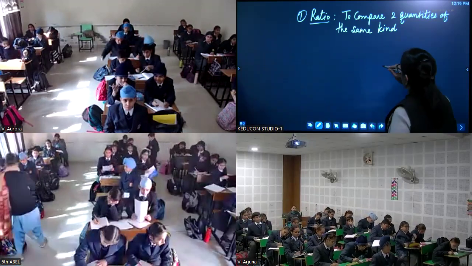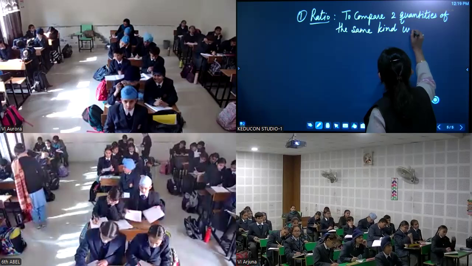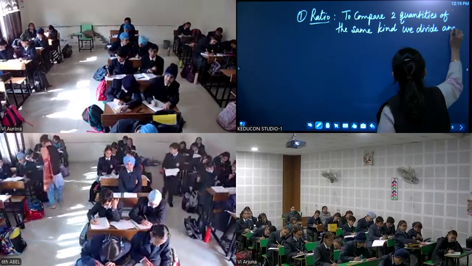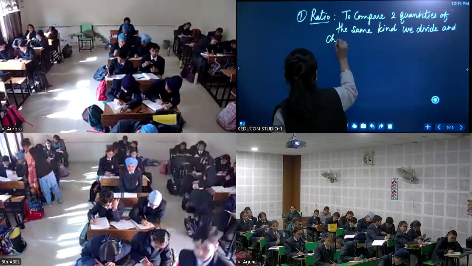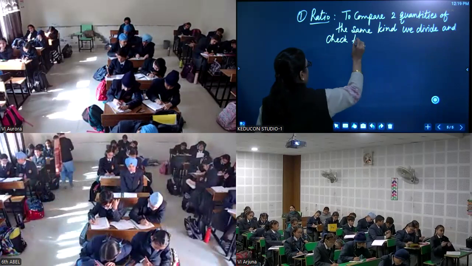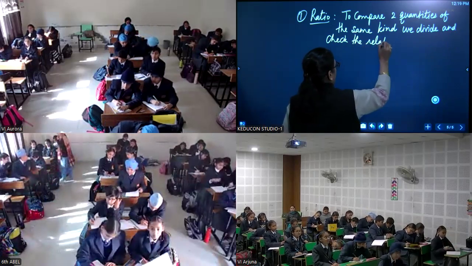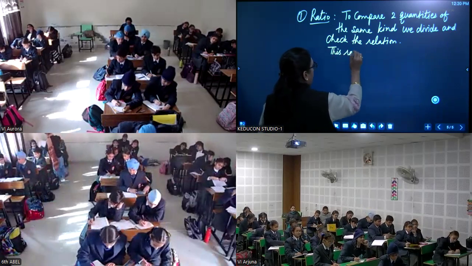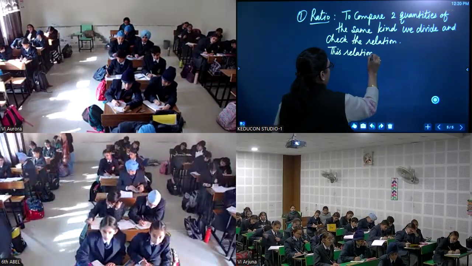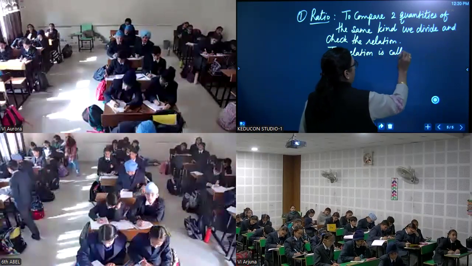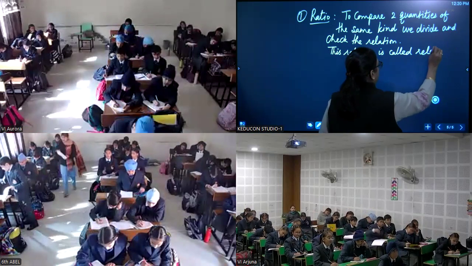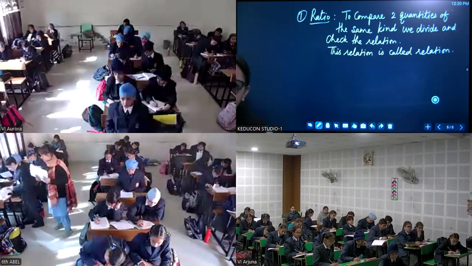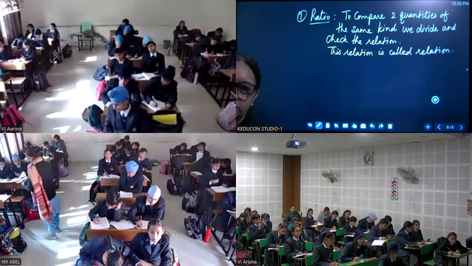To compare two quantities of the same kind, we divide and check the relation. This relation is called ratio. This is in your simple language for your own knowledge. To compare two quantities of the same kind, we divide and check the relation.